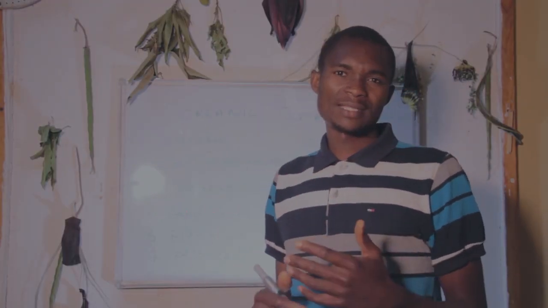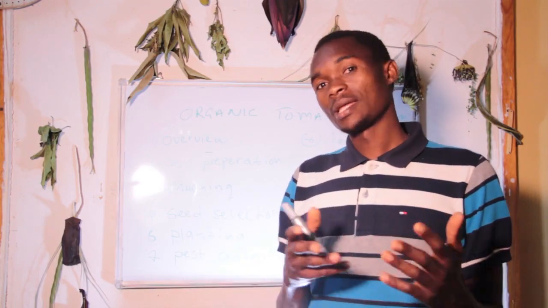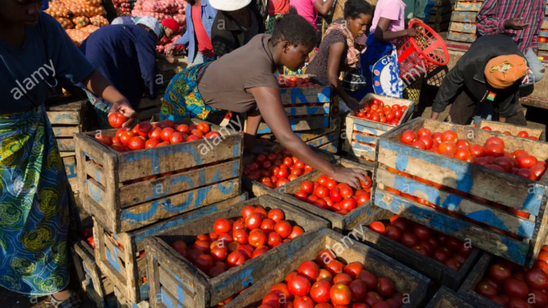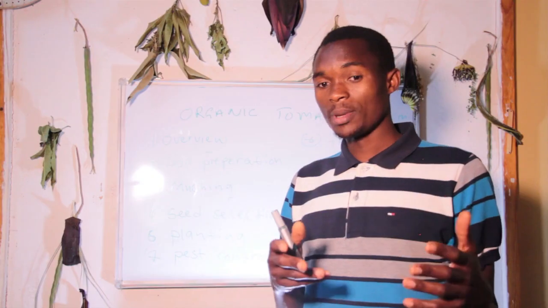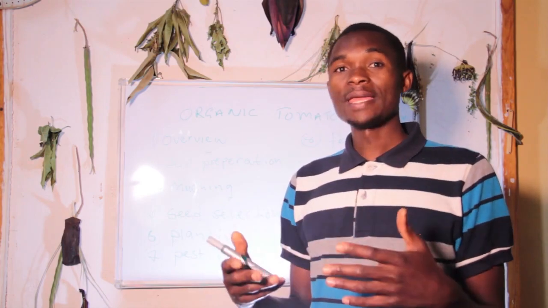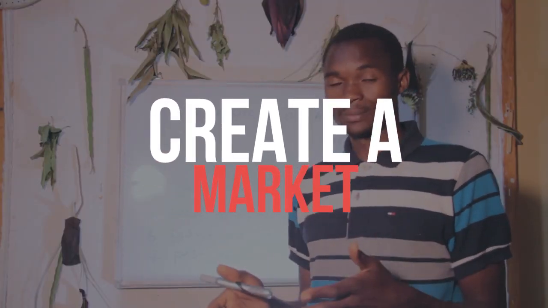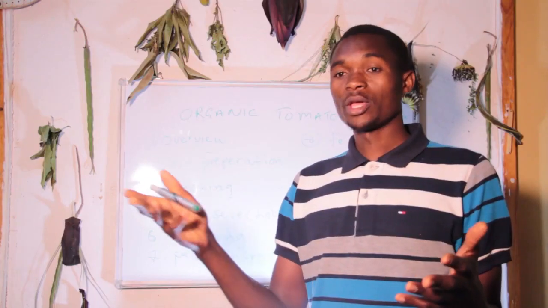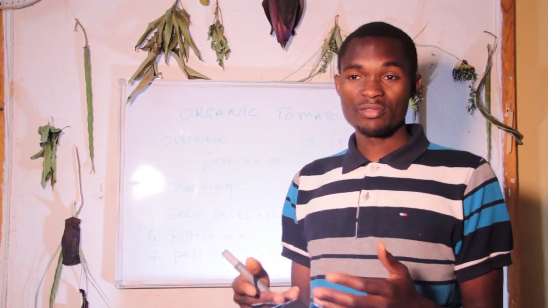One of the challenges is that farmers always think of taking their crops to Soweto. I'll give you an example of what I know about marketing. When you're planning to grow tomatoes organically, find a market before you start growing. You can go to ZRA, Zambia Revenue Authority.